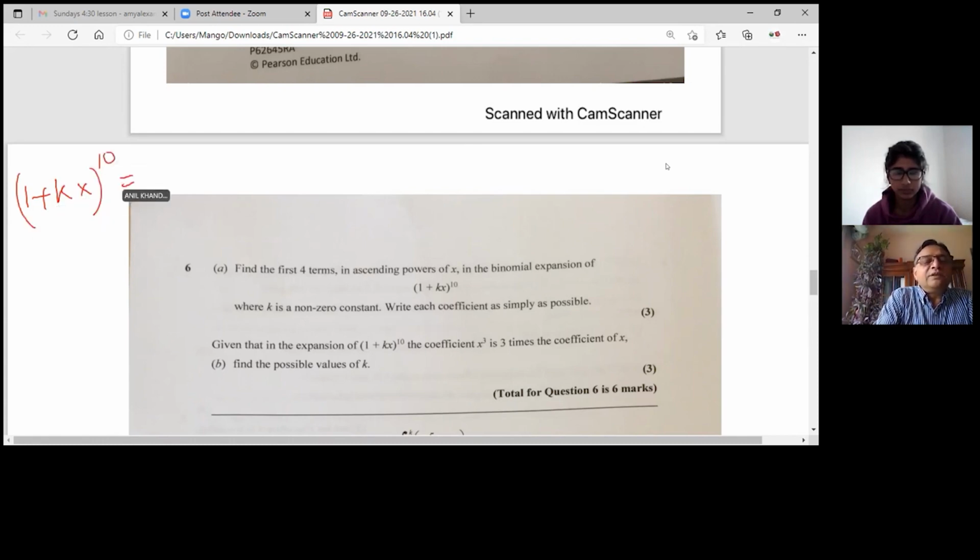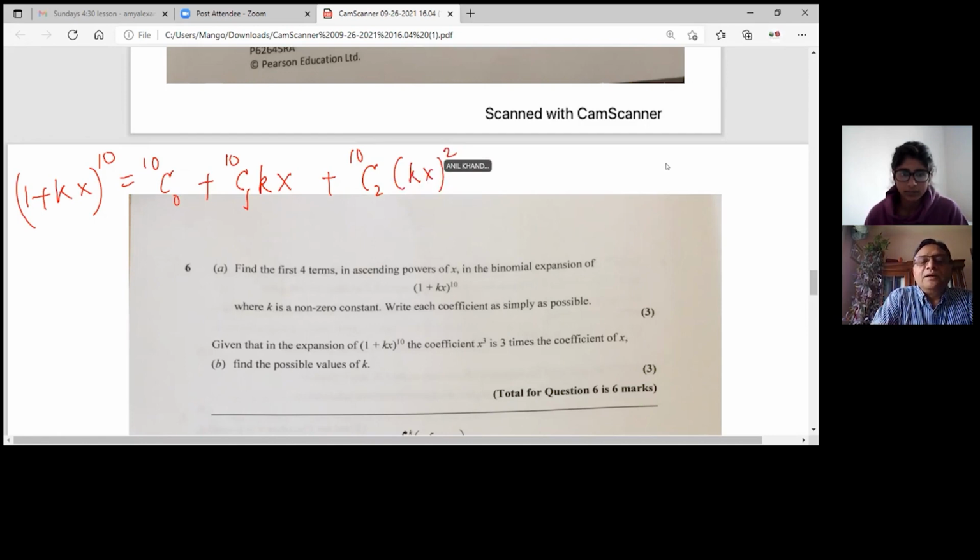So the first will be 10C0, that is 1. And then we have 10C1 kx. Is that clear to you? We have 10C2 (kx) to the power of 2, plus 10C3 (kx) cubed. Plus, so these are the first four terms, right?